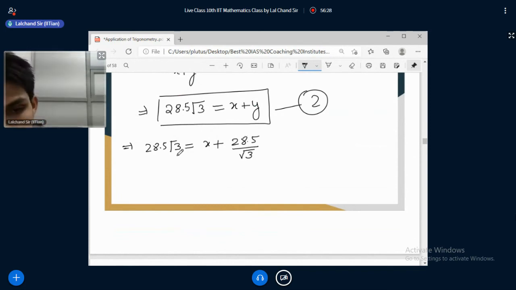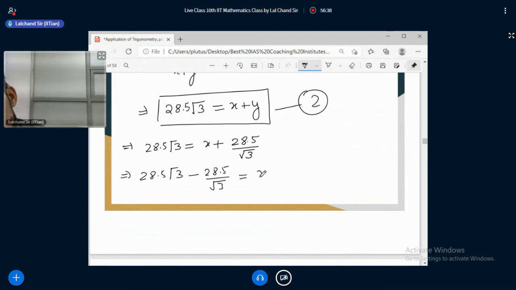So if we simplify this, 28.5 root 3 minus 28.5 divided by root 3 is equal to x. If you take 28.5 as common, then we have root 3 minus 1 by root 3 equal to x.